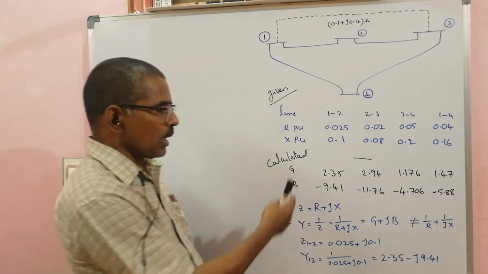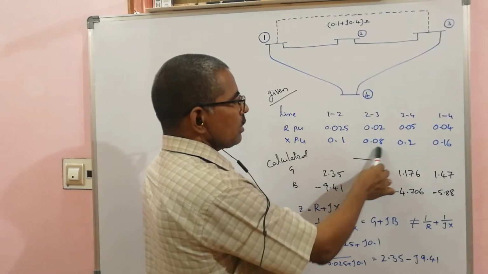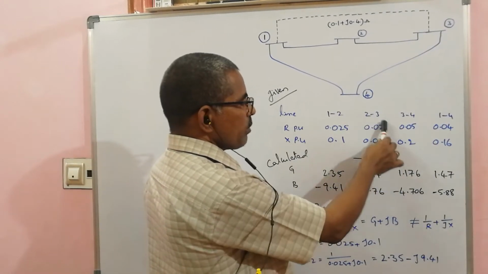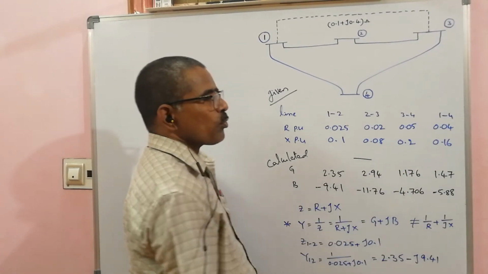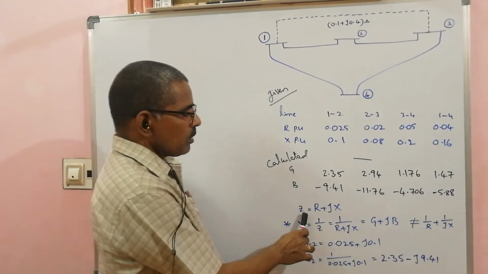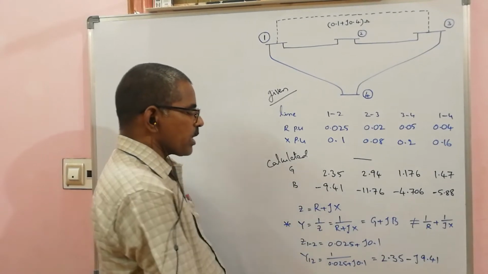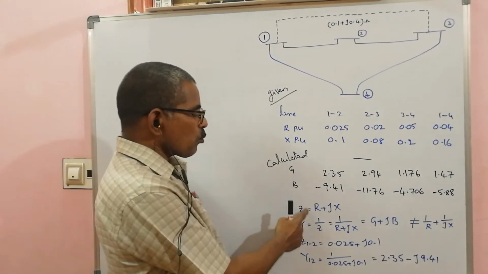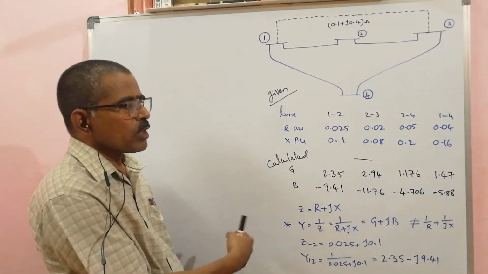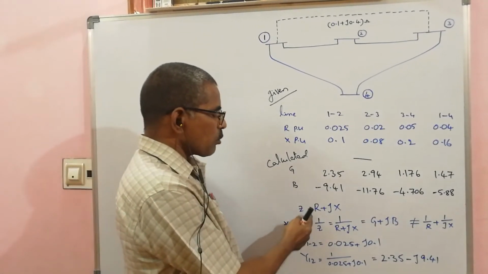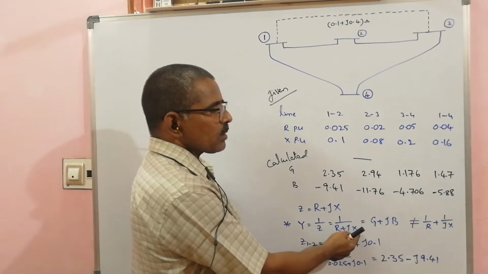I hope you can do that. Similarly, for the line between 2 and 3, calculate its corresponding admittance, and so on. While doing so, I am just briefing you here. Z is R plus jX, admittance is 1 by Z. The reciprocal of admittance is impedance and vice versa. So we want admittance, which is 1 by impedance, that is 1 by R plus jX.